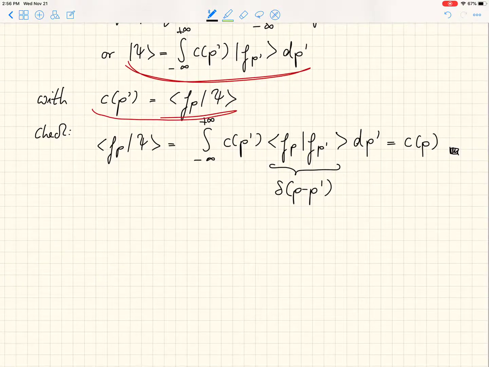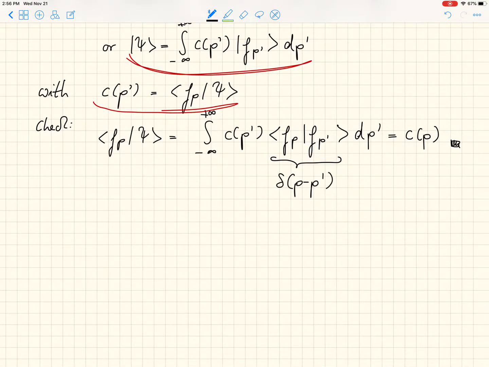Okay, so then just as another remark, of course, I can also write this inner product as 1 over the square root of 2 pi h bar times the integral from minus infinity to plus infinity of e to the minus i p x divided by h bar times psi of x dx.